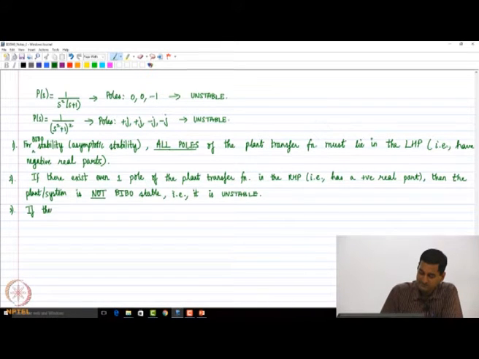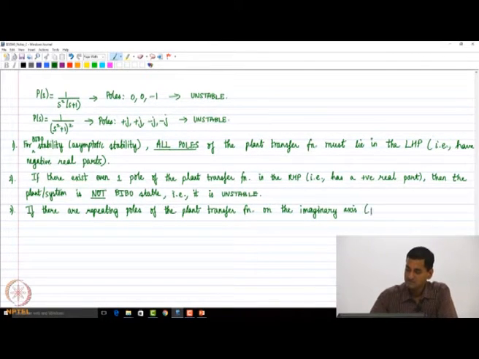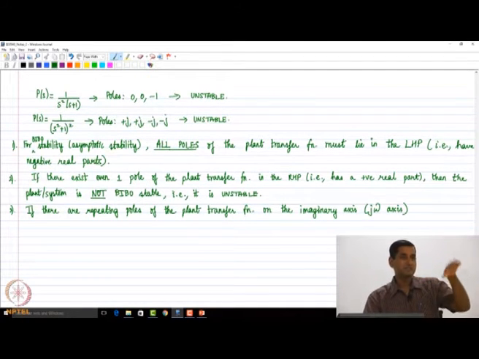If there are repeating poles of the plant transfer function on the imaginary axis, what we call the j omega axis, okay. Typically the imaginary axis is also called the j omega axis, because s is written as sigma plus j omega.